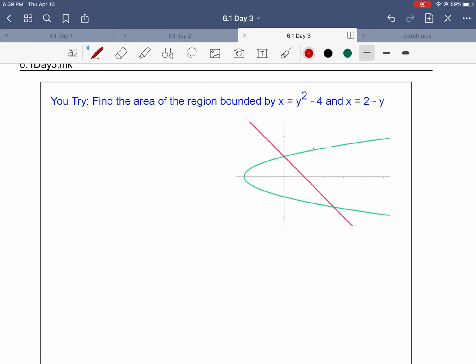You have a red line and a green parabola. The points aren't very clear here. Points of intersection, remember, you could set these two equations. I'll do that as side work for you. Set these two equations equal and solve. So when is y squared minus 4 equal to 2 minus y?